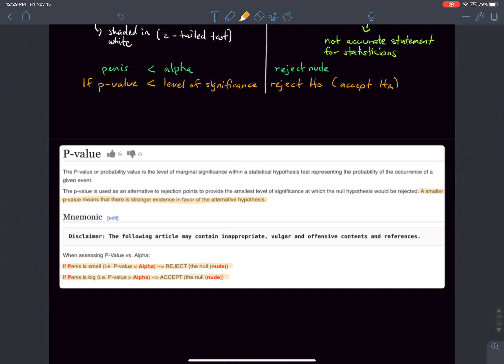If P is small, you want to reject the null hypothesis. If P is big, then accept the null. You see the alpha here? This alpha is the 1 minus level of significance.